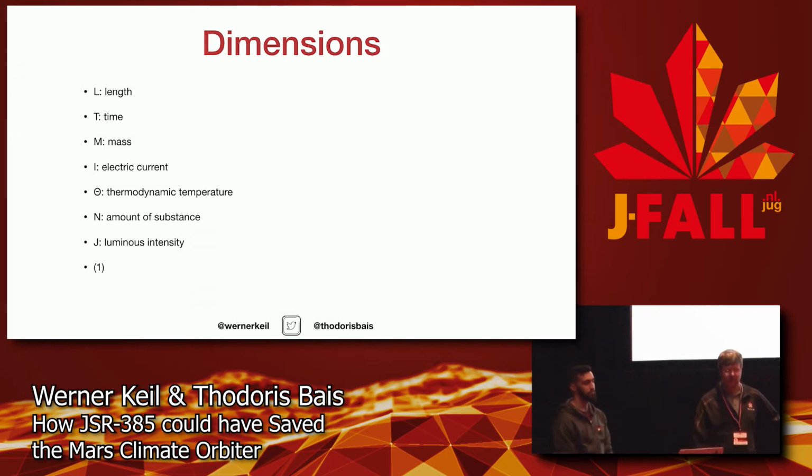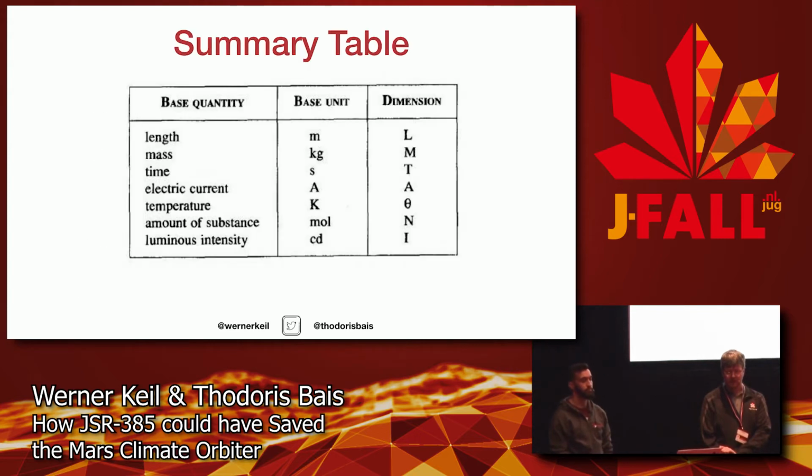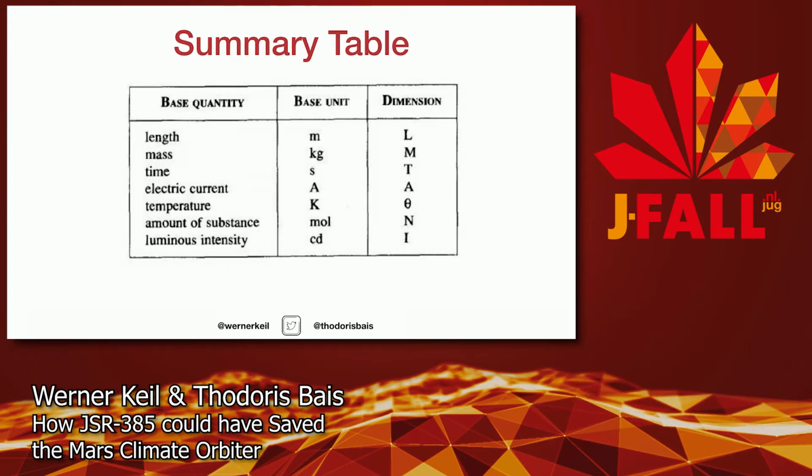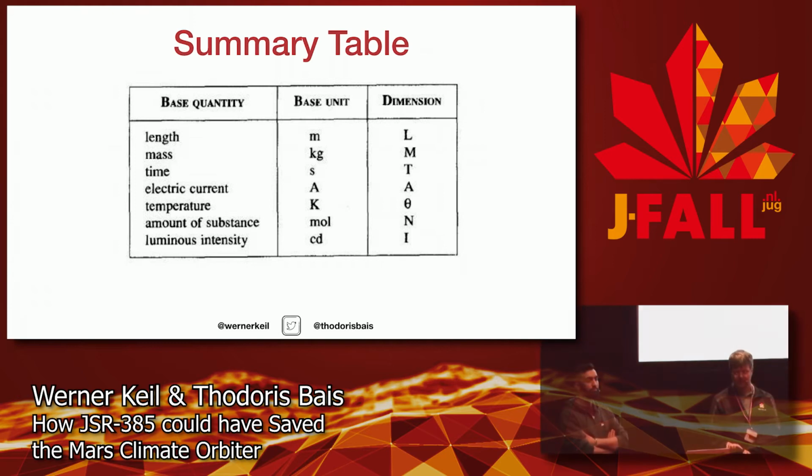We also got a constant 1 that can be used for dimensionless quantities. So for example, here, how force is made up. It's a dimension that is made up from different dimensions. Here we get all the base quantities again with the units and the corresponding dimensions.